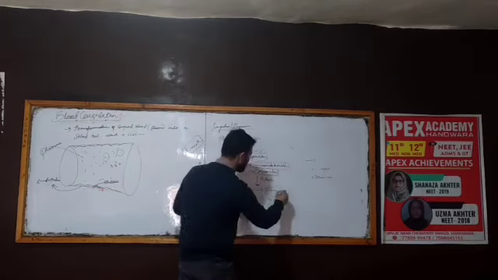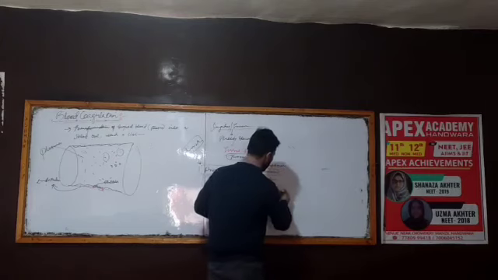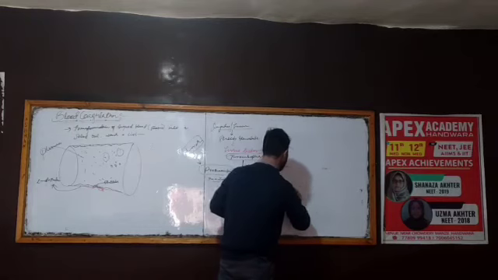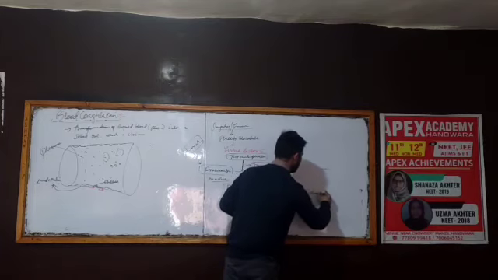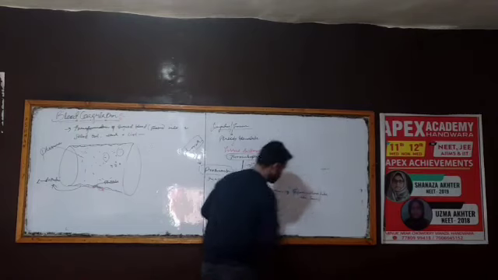Then, see here, this fibrin undergoes cross-linking. Fibrin cross-links are formed, and finally this leads to the formation of clot.